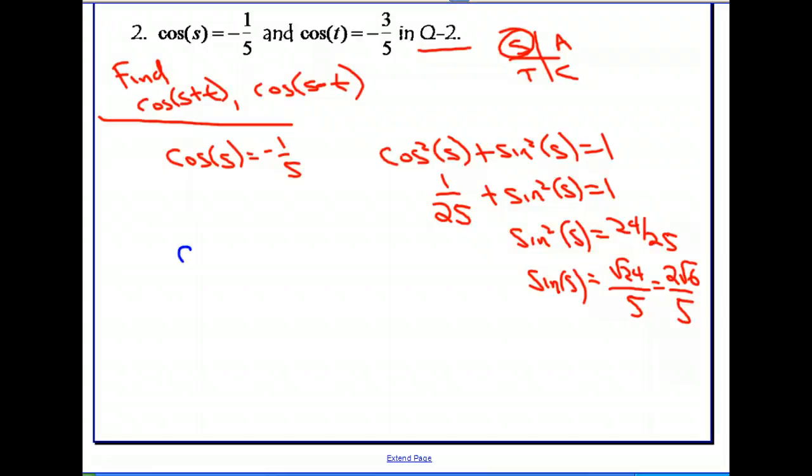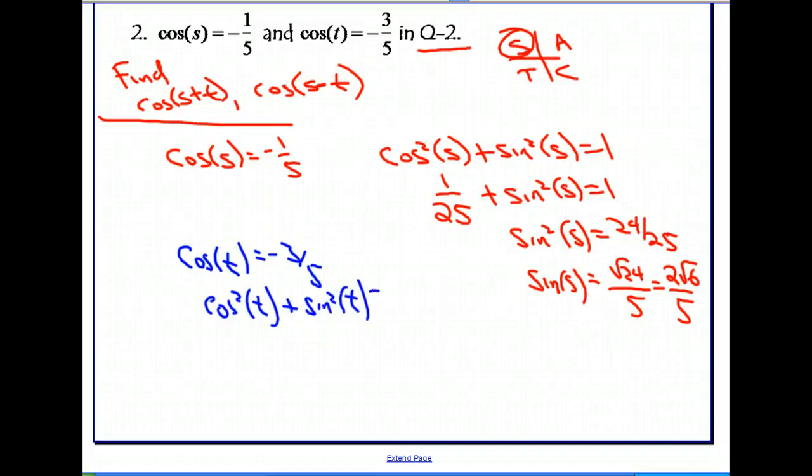So we've got the cosine of t, negative 3/5. We go through our cosine squared plus sine squared. This one you can tell already, it's going to come out nicer, I hope. So I sub in negative 3/5 squared. I get 9/25. Here I've got my sine squared.